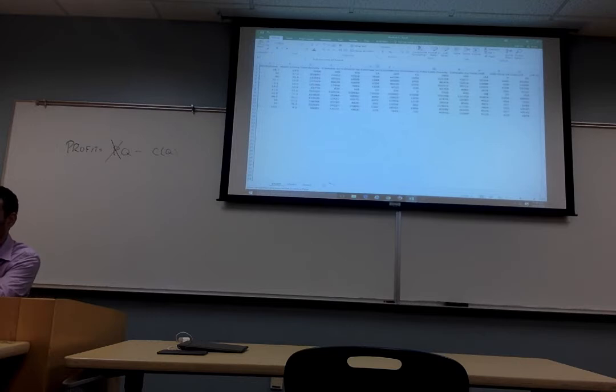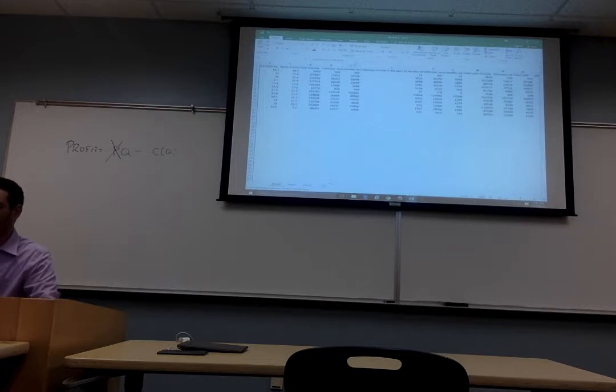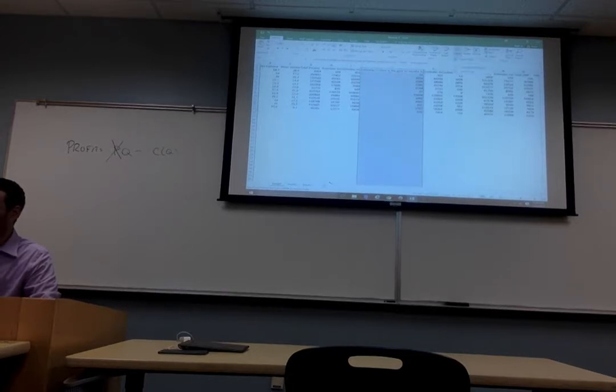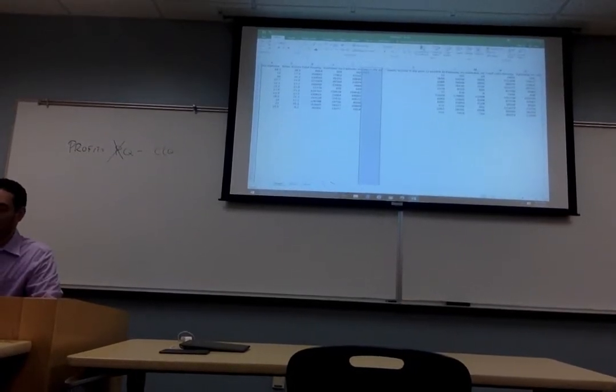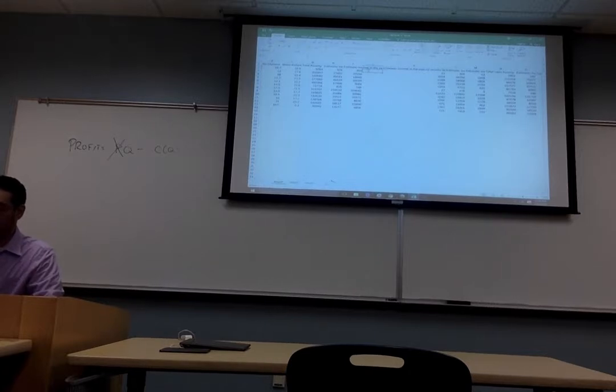So this one is poverty. This is 18 to 24. All right, so this is male, female. All right, so insert down there. Equals this divided by this.